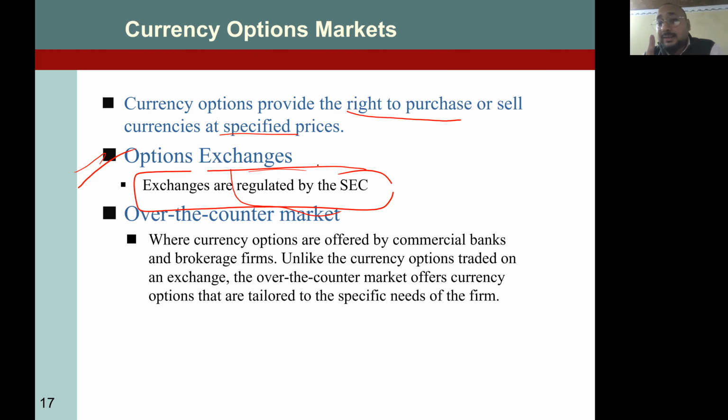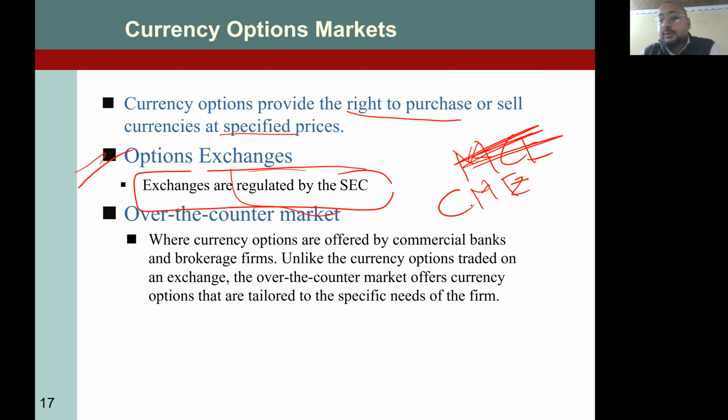So remember, currency forward and future are regulated by, okay, that is more US centric, the Chicago Mercantile Exchange.